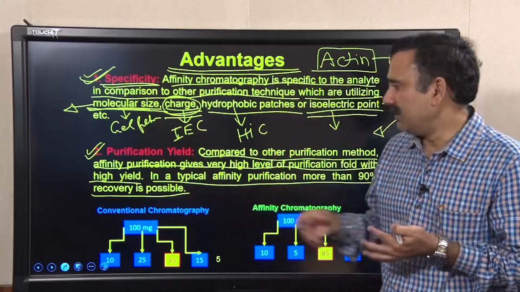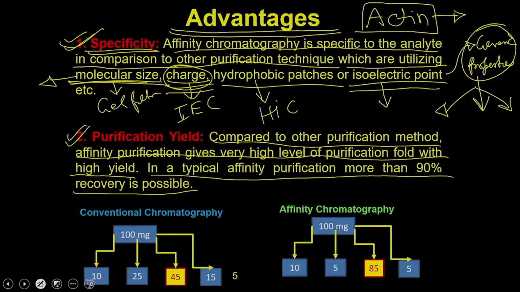For example, in a conventional chromatography, such as gel filtration, ion exchange or hydrophobic interaction chromatography, if you start with 100 milligrams of protein, after the first round of purification you get different fractions containing different proteins, and your protein is also present in different fractions.